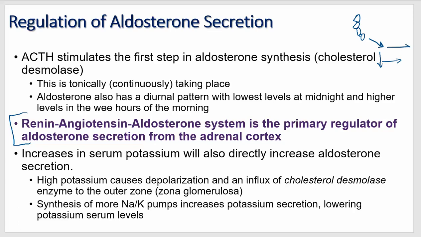Okay. All right, so increases in serum potassium will also directly increase aldosterone secretion. So there are three things. ACTH does have an effect on that first step. Renin has an effect.